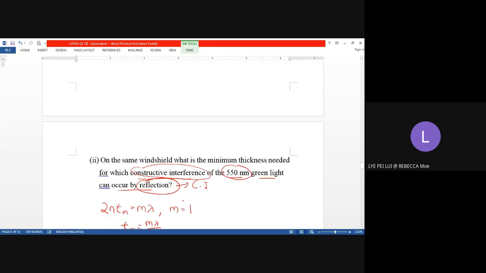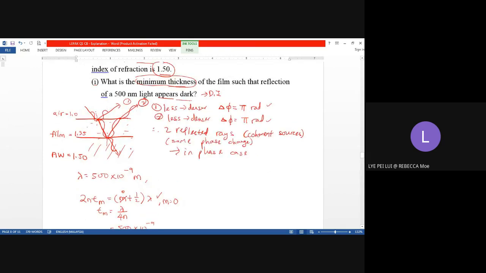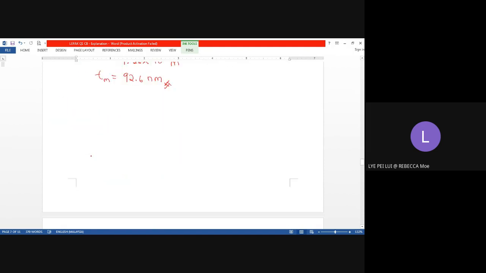If we refer to C1, look at the figure that I drew, we take the middle medium, 1.35.